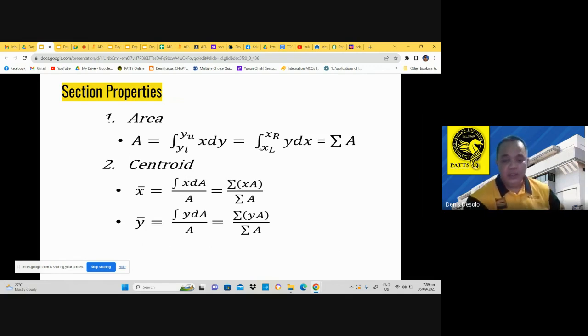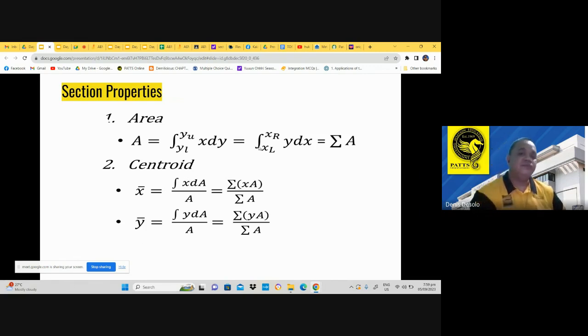To solve for the area of an irregular cross section, we divide it into thin rectangular elements. Why rectangular elements? Because the rectangle is the easiest area to recall. Regardless of how many rectangular elements we have, we simply solve the area of each element, then add them.